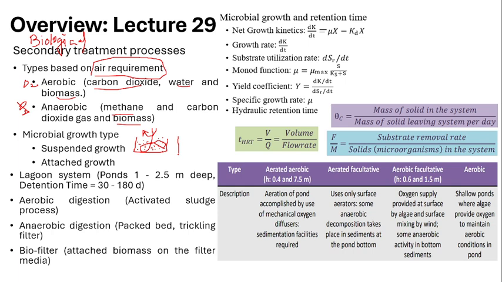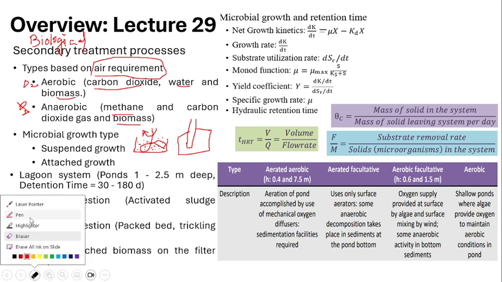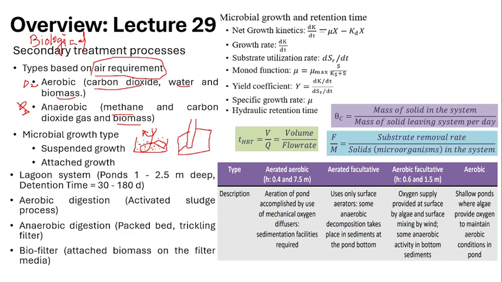And then when it comes to the attached growth process, it uses a stagnant filter. One of the examples for this attached growth process is the trickling filter. So what happens is, in this filter media, there will be a lot of microorganisms.